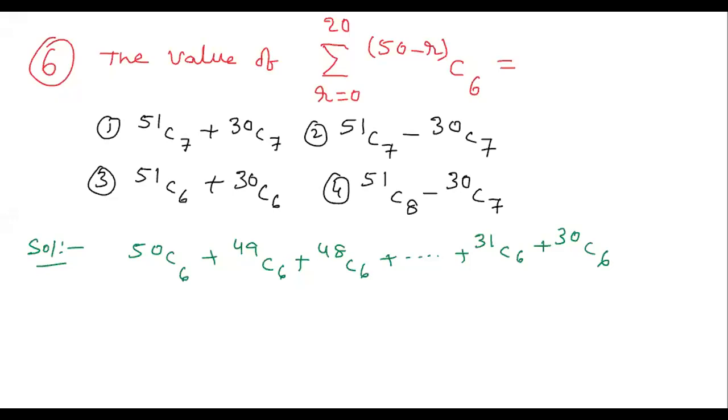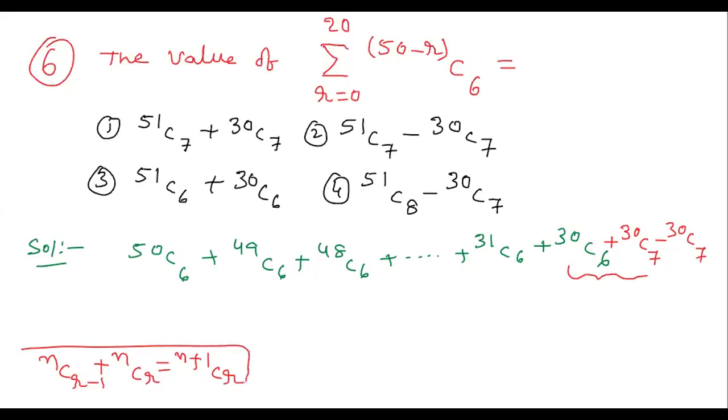Now I am going to add 30 C7 and subtract 30 C7. Okay. By observing these two values, we know the formula, that is nCr minus 1 plus nCr is equal to n plus 1 Cr. The formula is there or not?